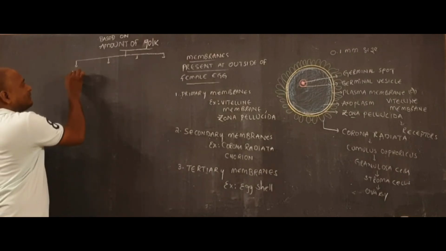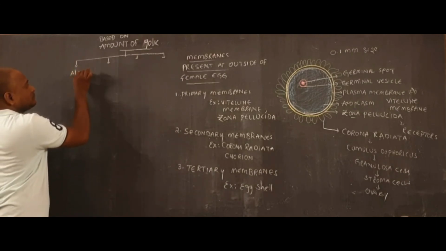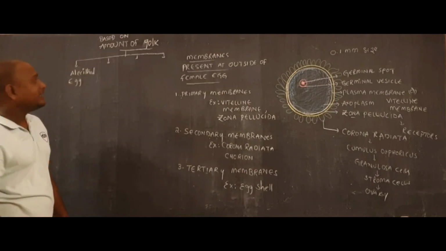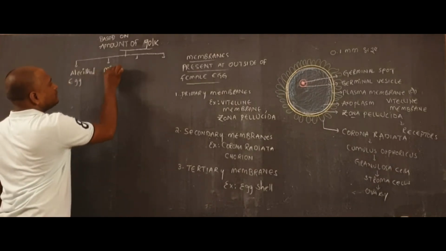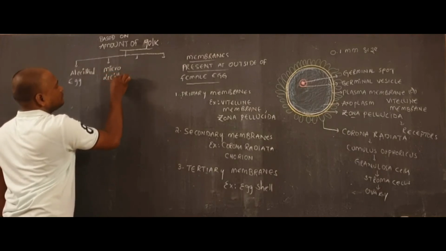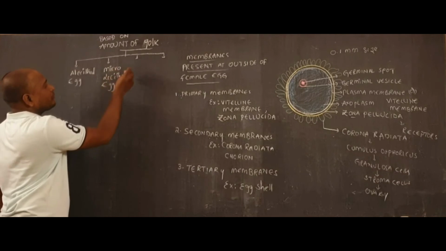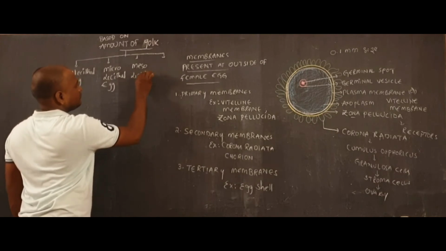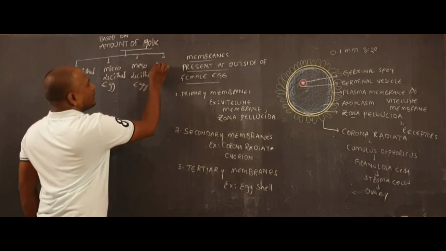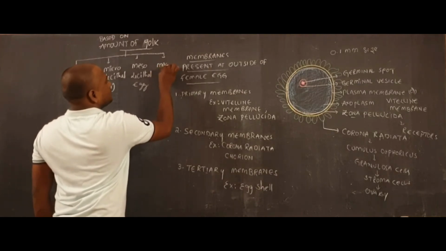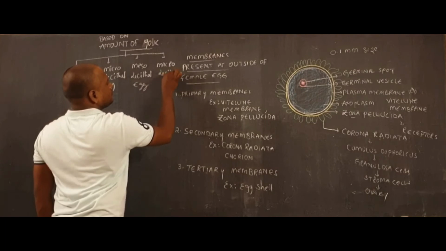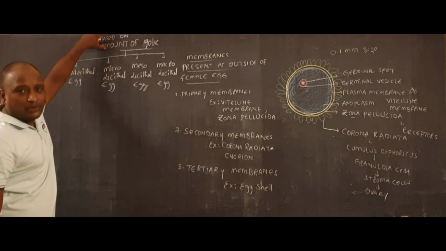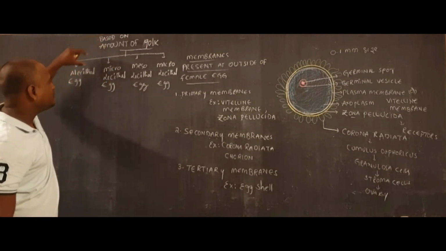Here, alecithal, microlecithal, mesolecithal, and macrolecithal. Based on the amount of yolk material, egg cells can be divided into these four types.